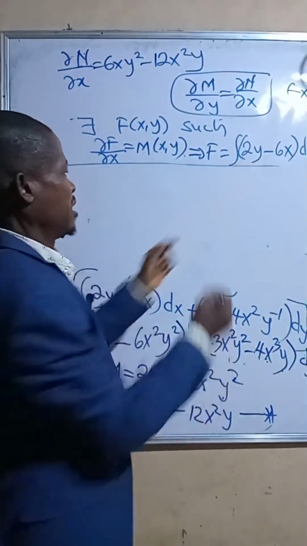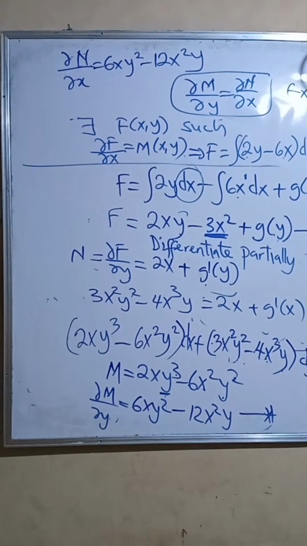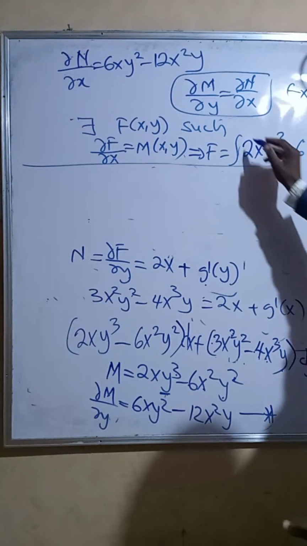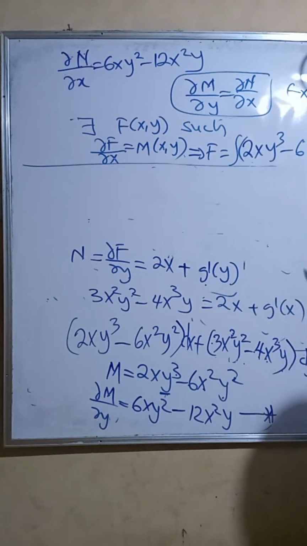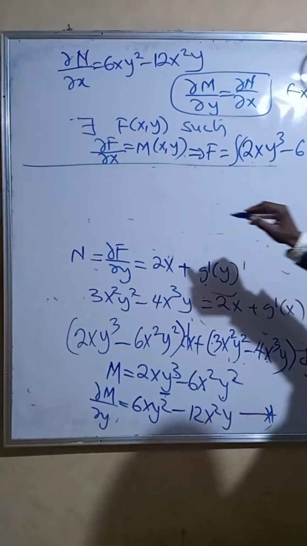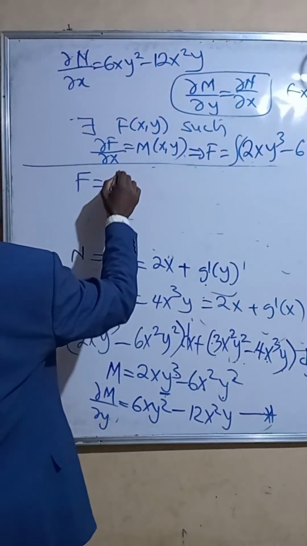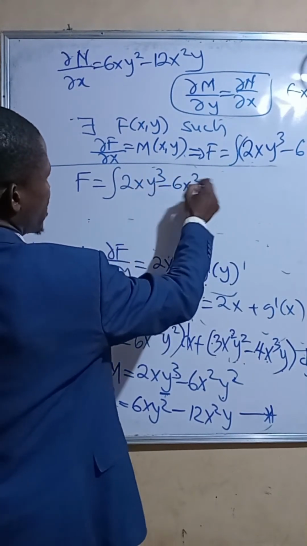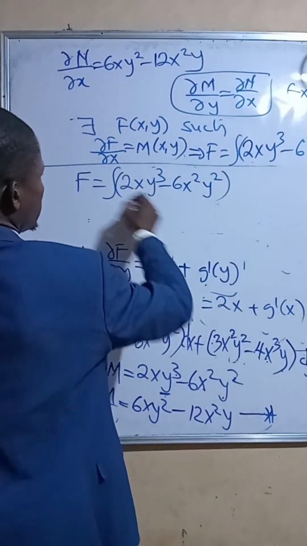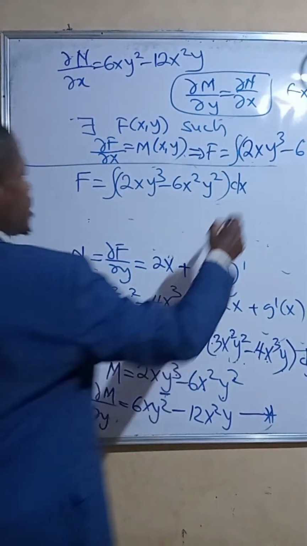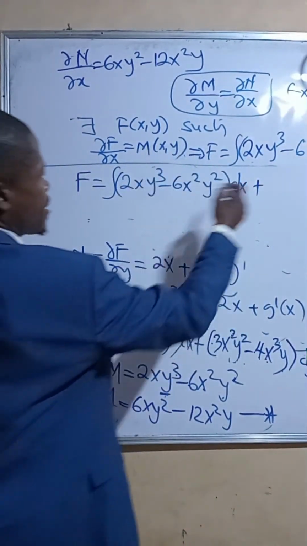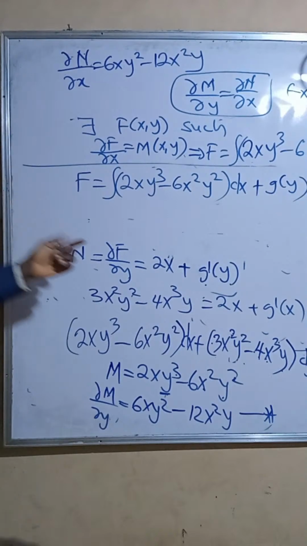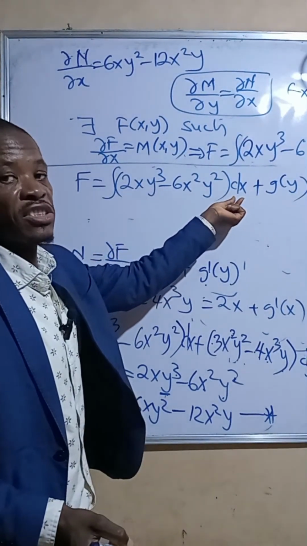Let's check what we've done so far. That's my M, and then dx. So f is equal to the integral of 2xy cubed minus 6x squared y squared, dx, and then plus g of y. Don't forget, you are integrating partially with respect to x.